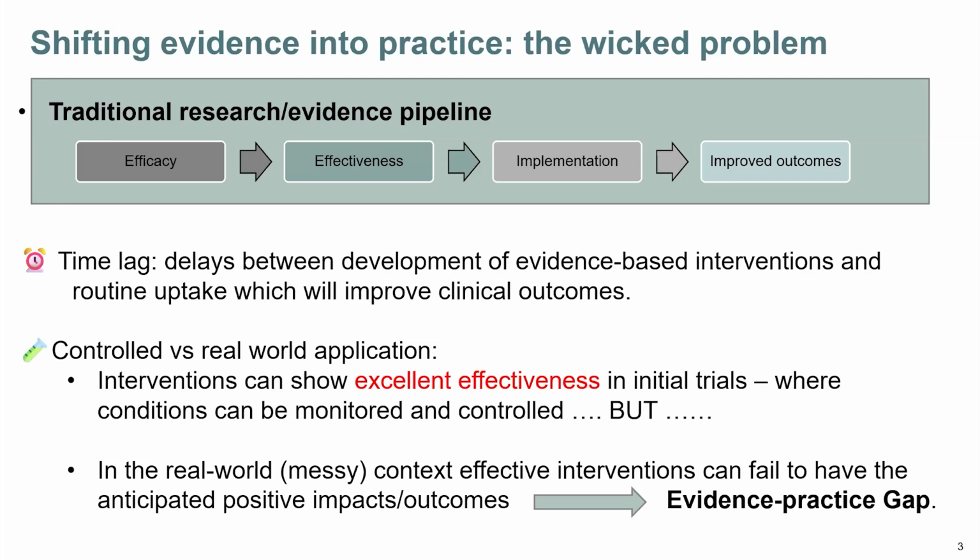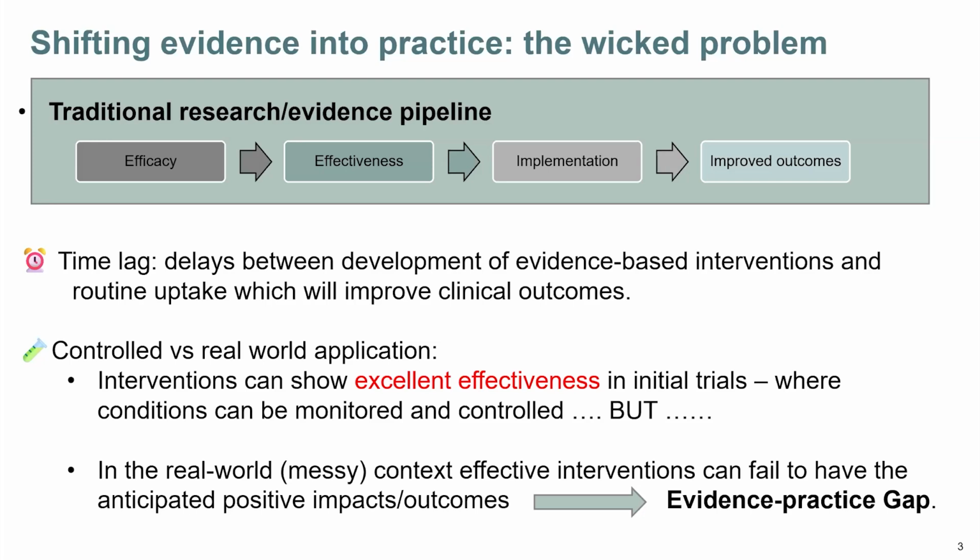What we know is that an intervention, and I'm going to use that term interchangeably with evidence-based practice or an evidence-based innovation, can in initial trials, where a whole heap of conditions are controlled for, be thought of as an ideal type condition.